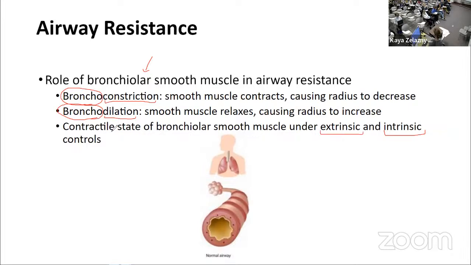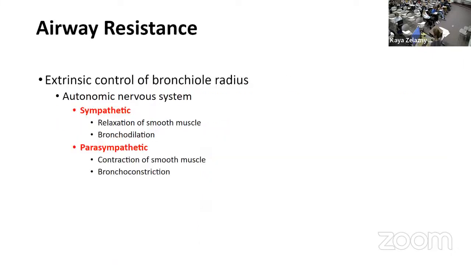So extrinsic factors are also going to be able to affect that smooth muscle and how contracted versus how relaxed it is. So we're going to start with the extrinsic control. Okay. So when we're talking about the extrinsic control of bronchiolar radius, we're talking about the autonomic nervous system.